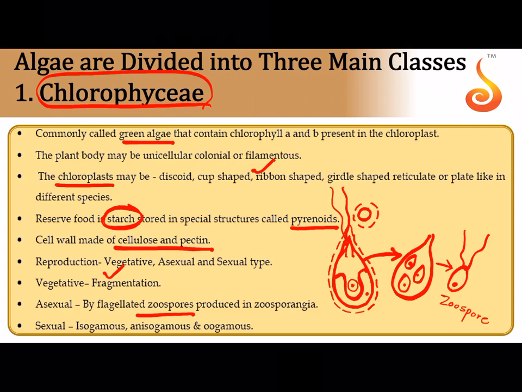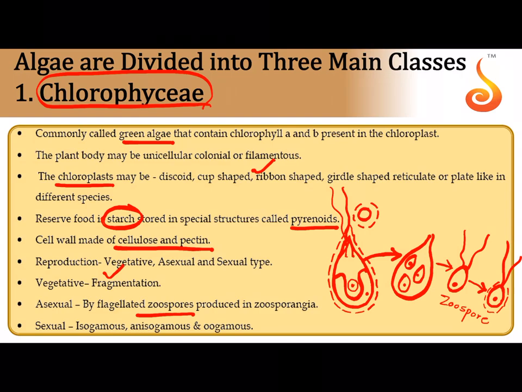Initially these zoospores are naked, they don't have a cell wall. In Chlamydomonas there's no question of settling on a substratum. Ultimately these zoospores will develop a cell wall around them and start behaving as the adult. It may show an increase in cell size.